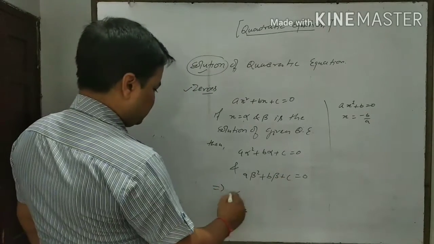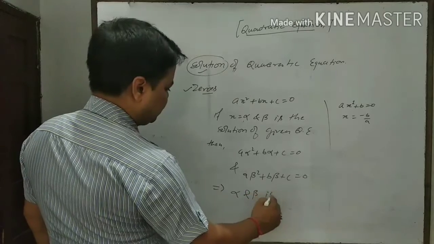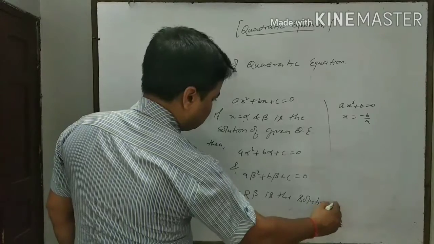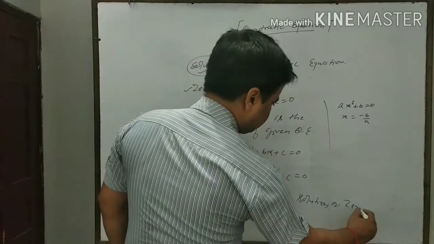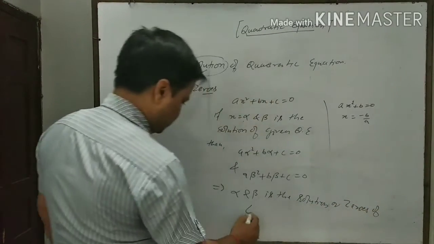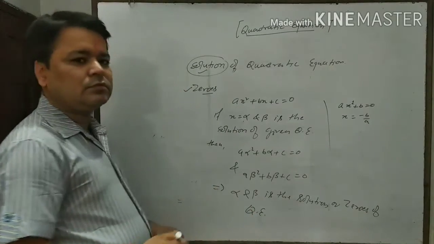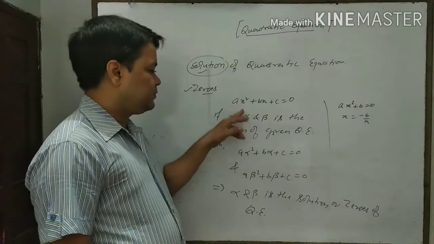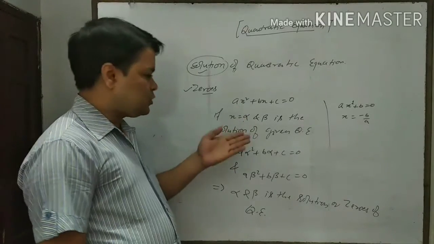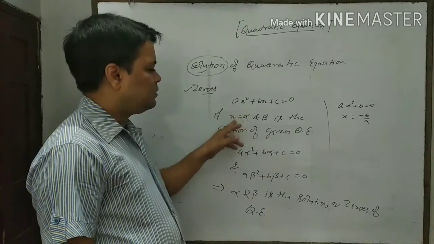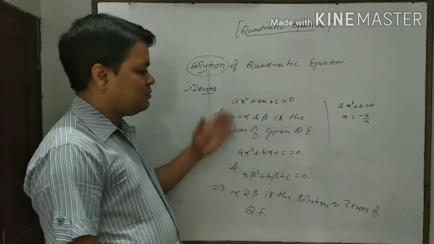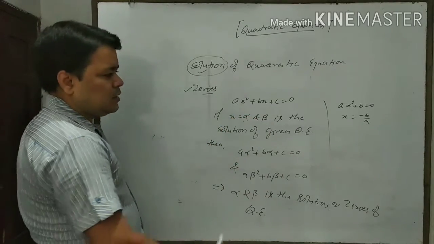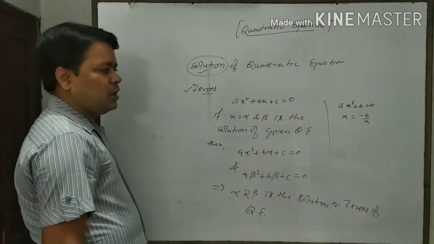So this implies that alpha and beta are the solutions, or zeros, of the quadratic equation. Now the problem is how we should find this alpha and beta, that is, how we should find the different values of this variable. We have some formula, some method for finding the solution of this.